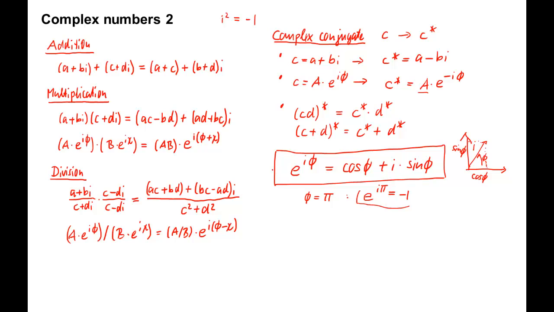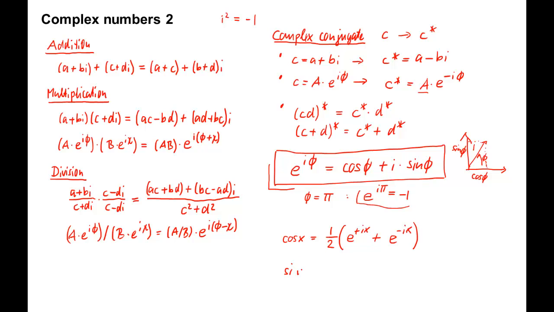With this relation, it's easy now to reformulate cosine and sine functions as complex exponentials. We get, for the cosine of x, one half times e to the plus ix plus e to the negative ix.